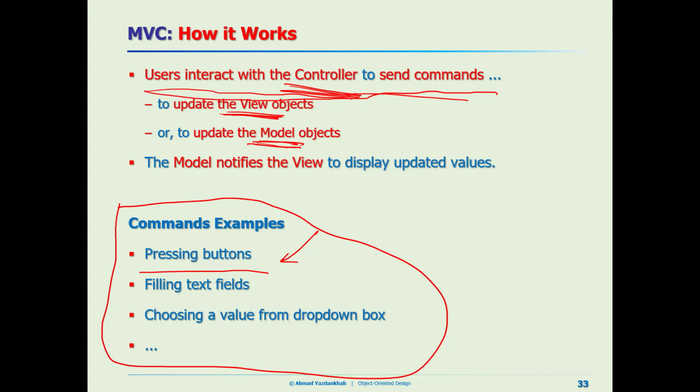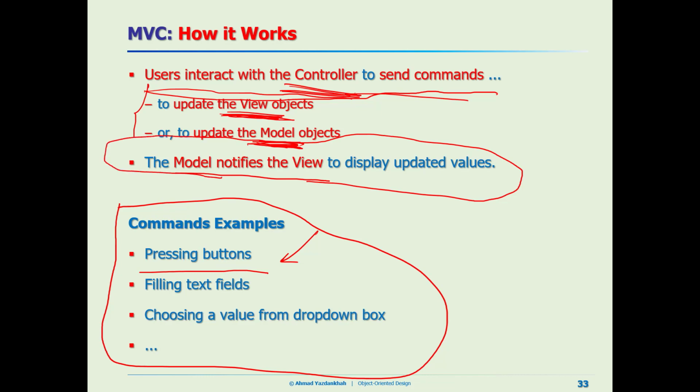So the controller can do all of this stuff, and if the view was changed, the user can see the changes. Or if the model is changed, then the model notifies the view, it updates the view objects, and it will be displayed on your user interface and can be seen by the user.